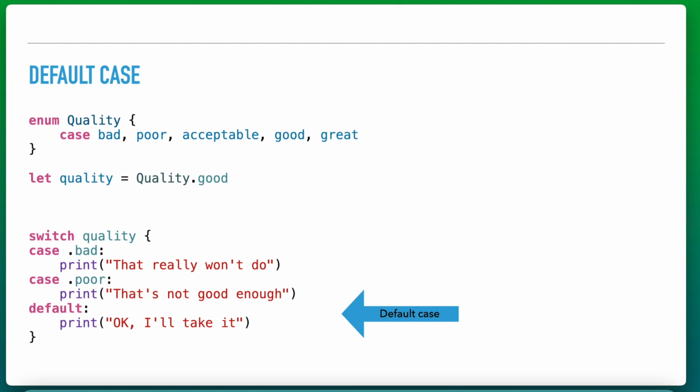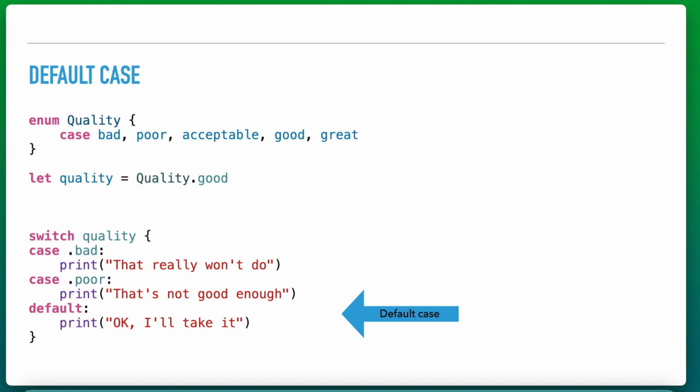We do have a default case in case you do not want to create a switch statement for every single case. So let's say we have this new enumeration example, quality. I have five cases here: bad, poor, acceptable, good, and great. I've initialized the quality to be good. Then I can create the switch statement for quality that goes through each of my case options.